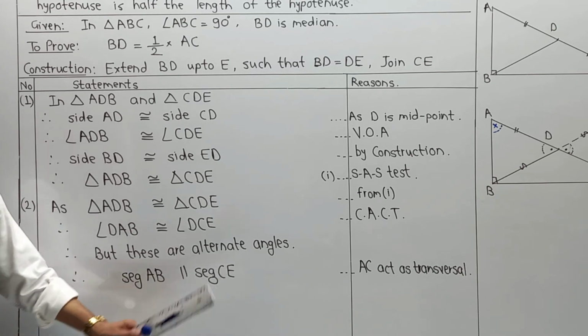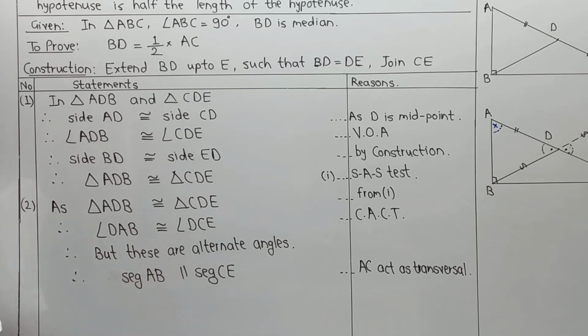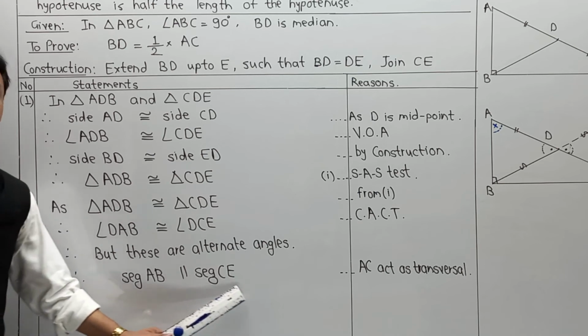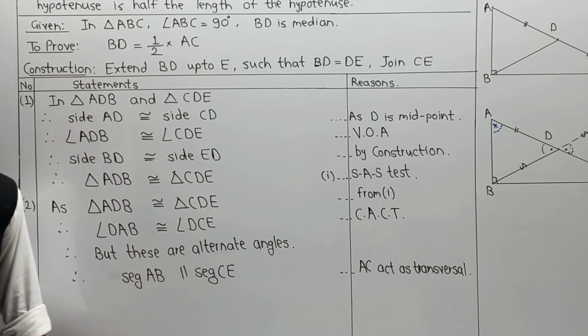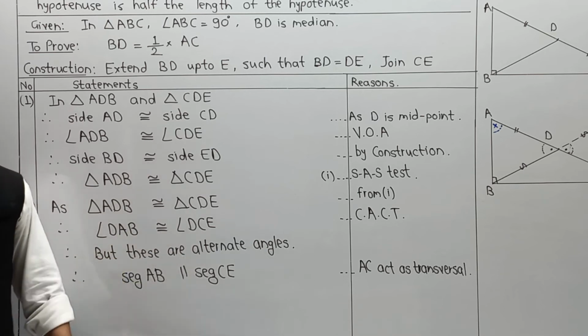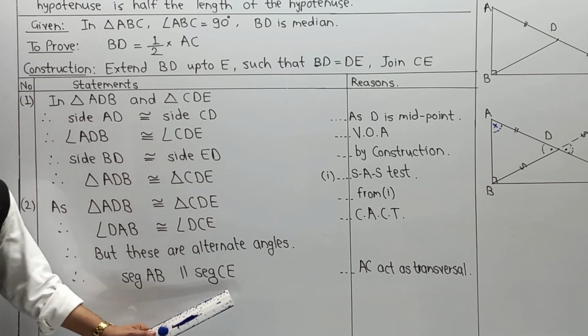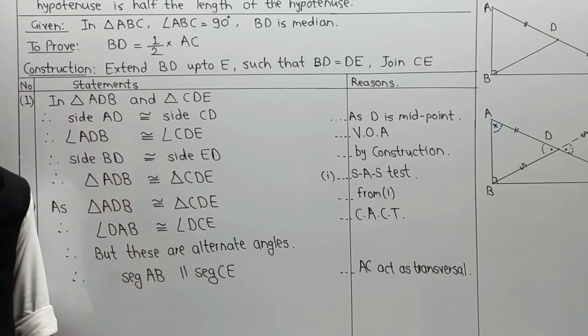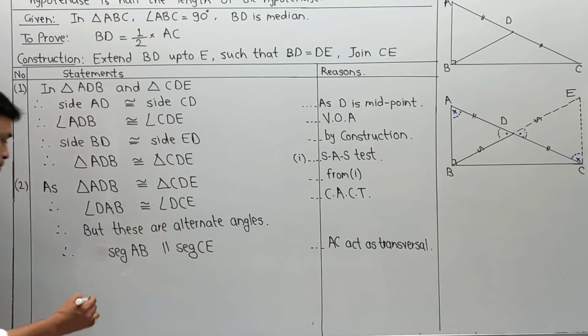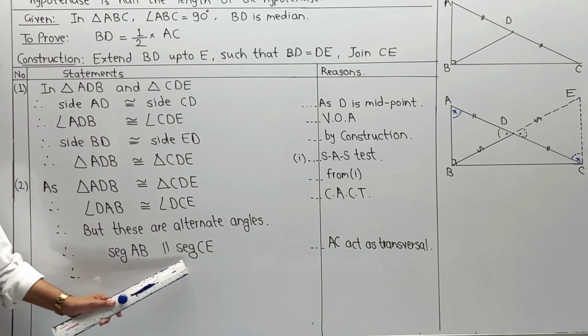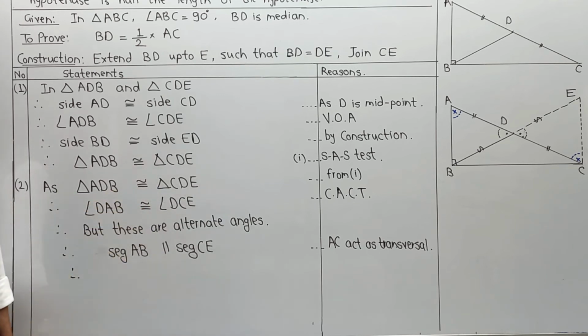Now AB parallel to CE. Now what is the advantage over here? AB is parallel to CE is your first part, and also AB is equal to EC. These two sides are also equal because these are corresponding sides of congruent triangles. So the part is here AB parallel to CE, that we are using for a right angle.